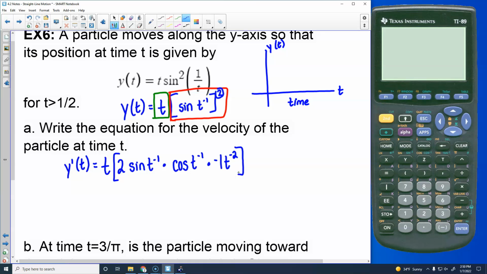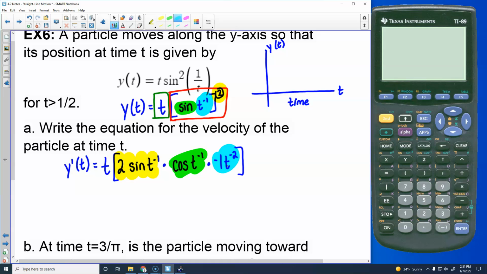Wait, whoa. I understand what you're doing, but why is it like that? So, the square's the first part of your chain rule, so that's this part. Then sine's the next part of your chain rule, so that's this part. And then the last part of your chain rule is that t to the negative 1, so that's this part.